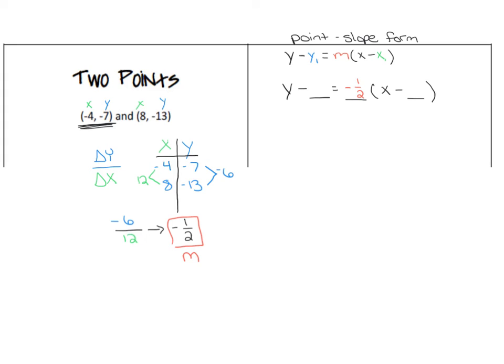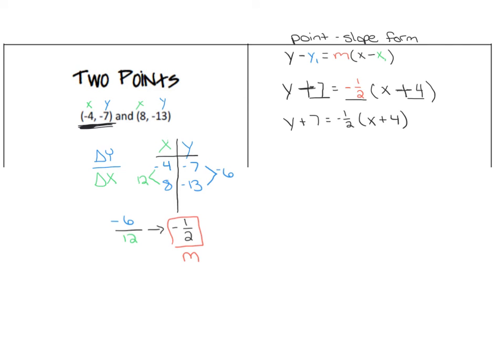So when I plug in the -7 for my y coordinate, that becomes +7 because I was subtracting a negative. And when I fill in the -4 for my x, it becomes minus a -4, which also is plus. So my equation could be y plus 7 equals -1/2 times x plus 4.